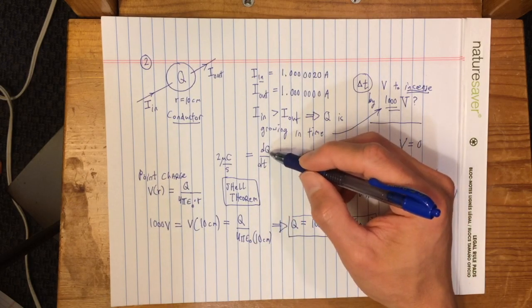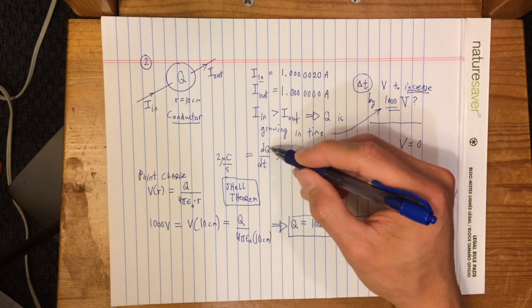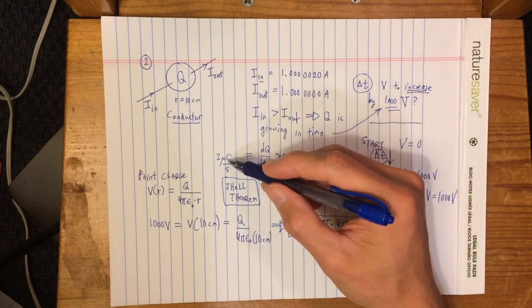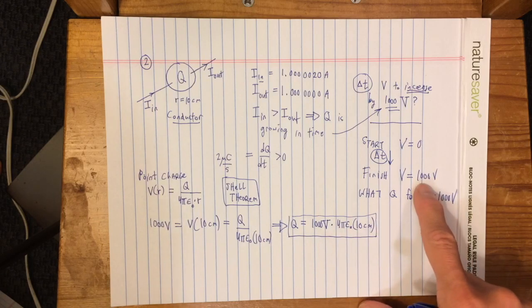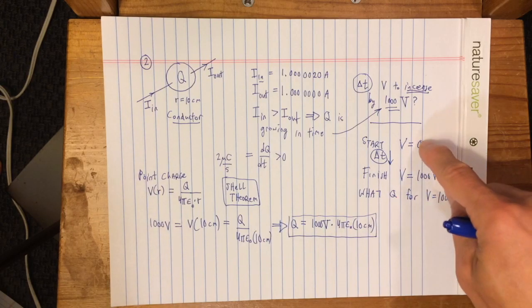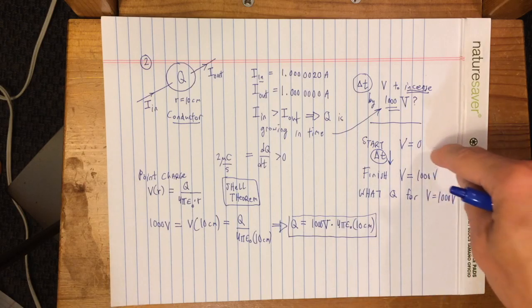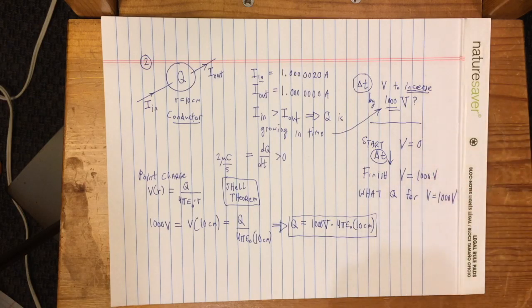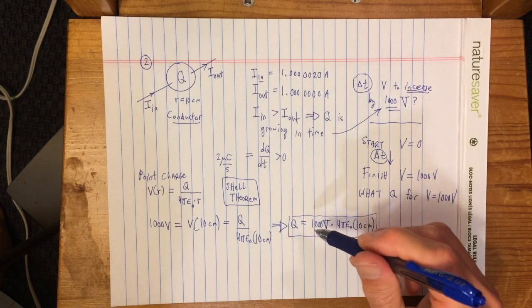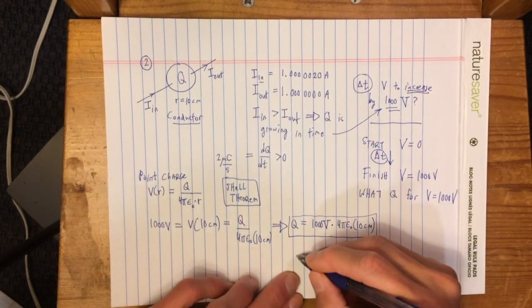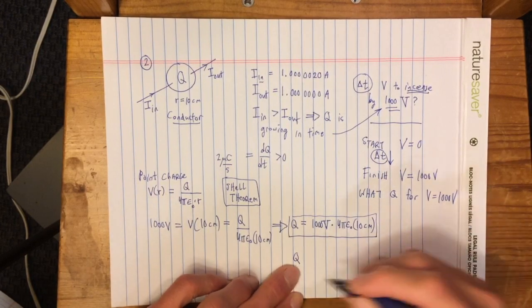This is pretty cool. This says that the time rate of change of the charge is 2 microcoulombs per second. So we're going to get a certain amount of charge that's required in order to have 1,000 volts. We're waiting for the potential to increase from 0 up to 1,000 volts. So what we need to think about is how charge accumulates.